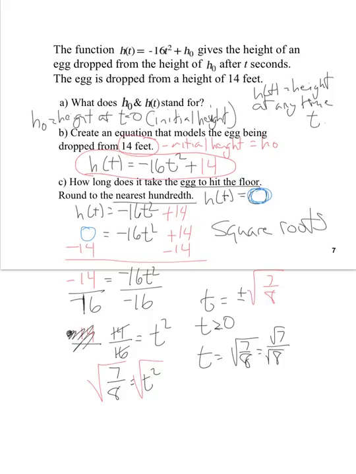So when I put this into the calculator, I'm going to take second x squared. That would give me the square root. I'm going to hit alpha y equals enter for my fraction. Type in 7/8, and I'm going to get that t is equal to 0.935 seconds. Rounding to 2 decimal places, t is going to be 0.94 seconds.